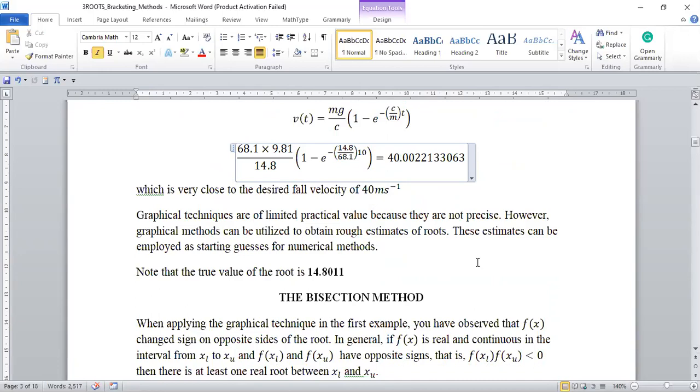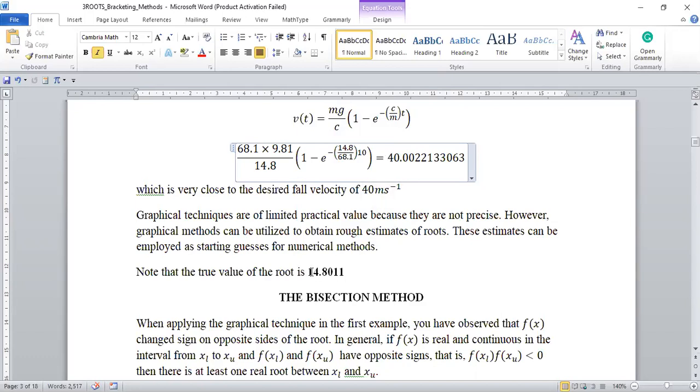In a case where you have to plot the graph manually by hand, it's going to be much less precise. Because we're using Excel, we're able to get very close to the solution. But it's not so precise, and it would help us in other methods as we are going to be seeing.